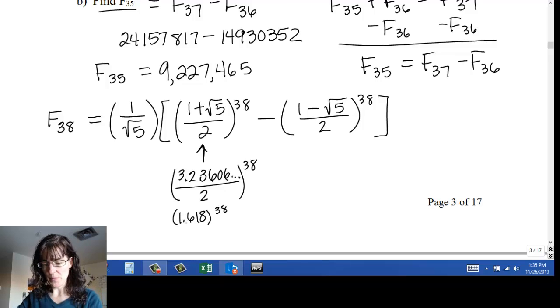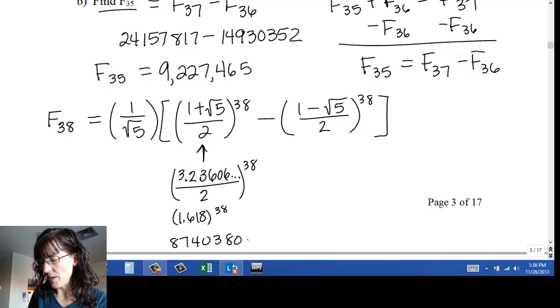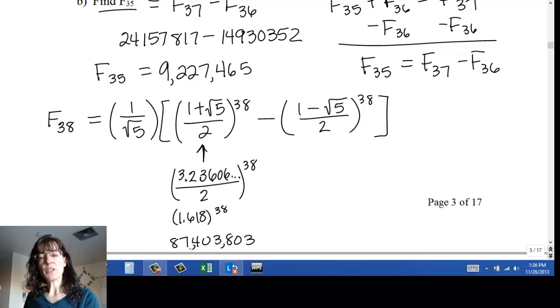So then I will do 2 to the 38th equals, and I get a very big number, 87,403,803. And with that number, I want to store it.